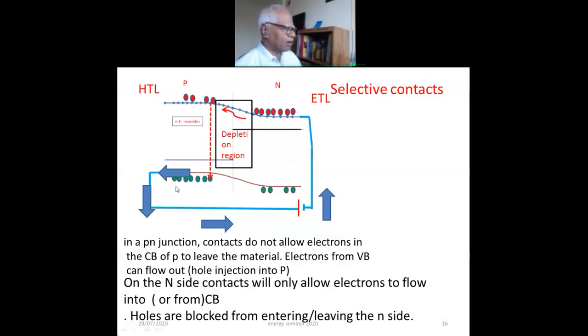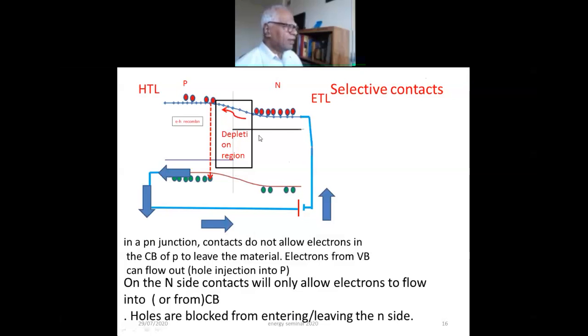If you inject electrons, the electrons cannot leave. So the rule is, on the P side, the electrons cannot leave from the conduction band. Only electrons can leave from the valence band. If an electron leaves from the valence band of the silicon into the metal, that is called hole injection because this electron will leave behind a hole. And that is why it's called a HTL or hole injecting contact.